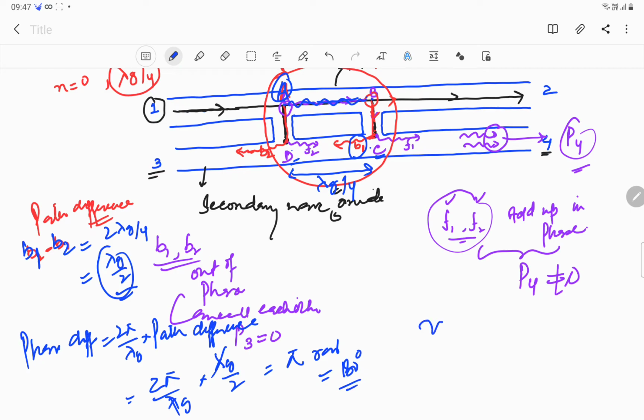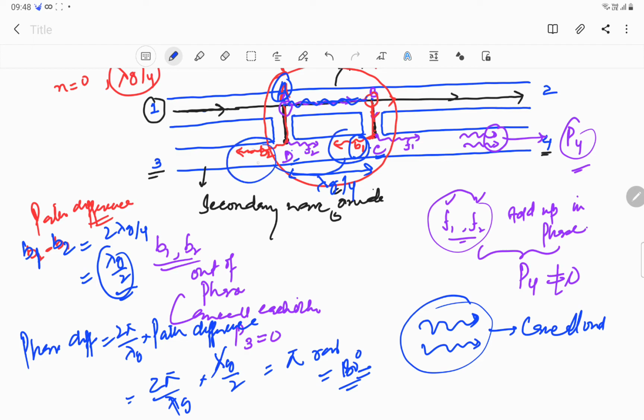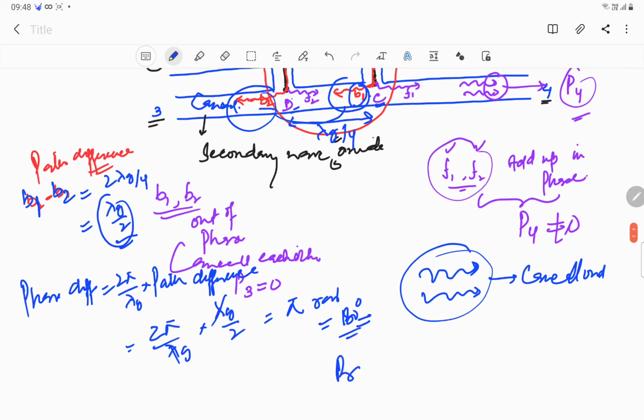We know if the path difference or the phase difference between two waves reaching a point is 180 degrees, they cancel out. So the waves B1 and B2 on reaching port 3 cancel out. So the backward waves cancel out.